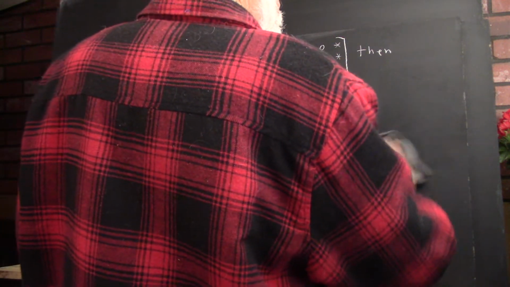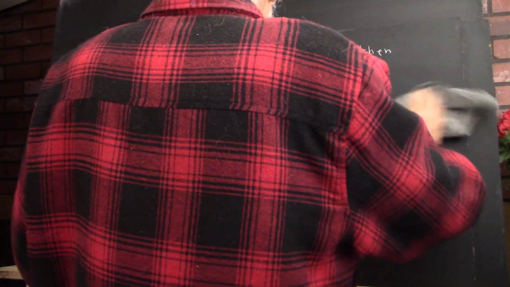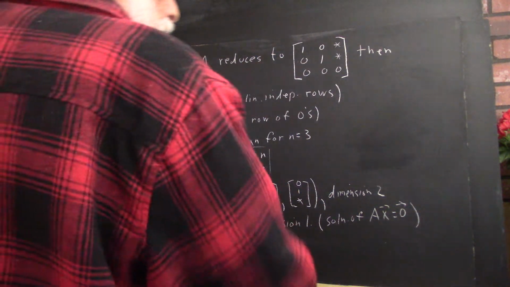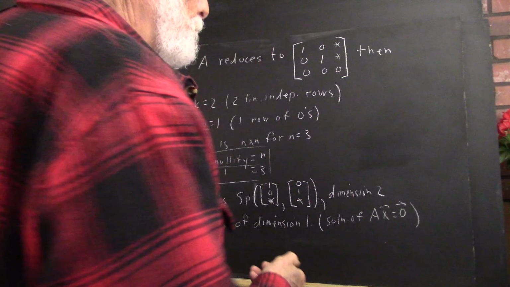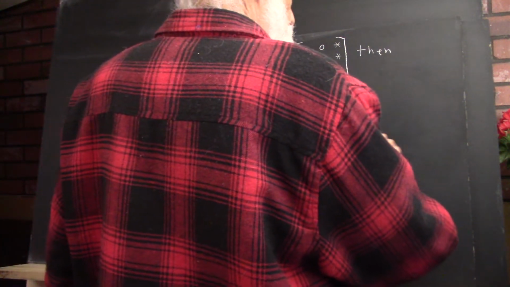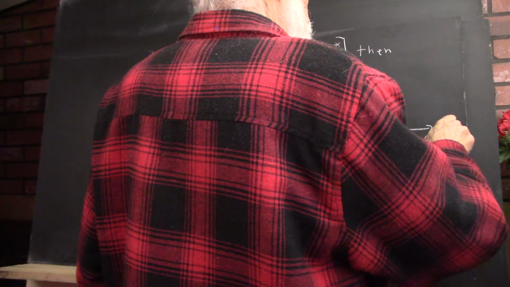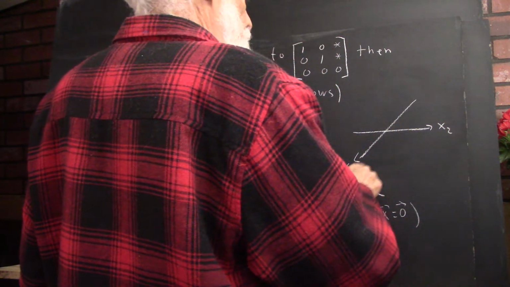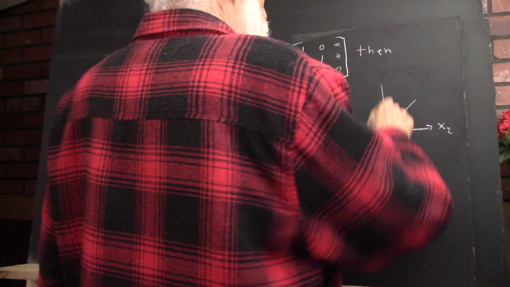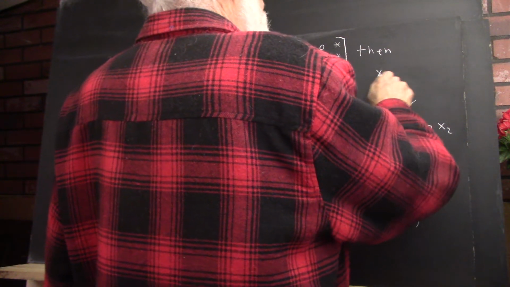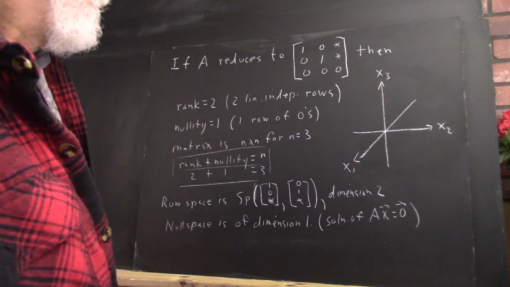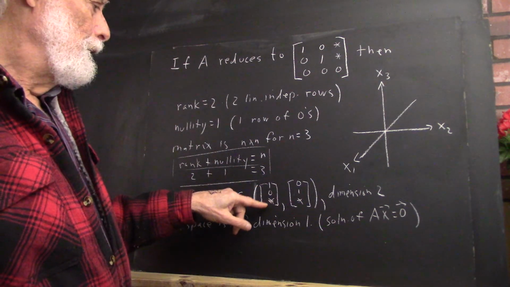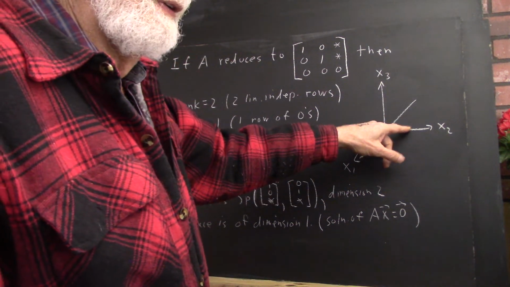Okay, the row space is the span of these two vectors, and each vector has a zero component in one of the coordinate directions. And I apologize, I maybe could have planned that out, but I didn't think of it until just now. Okay. This vector, 1, 0, asterisk, has a zero component in the x2 direction.